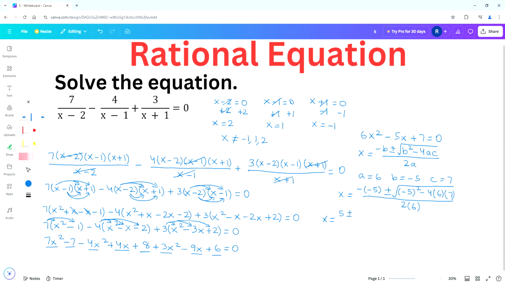Negative 5 squared is 25. Negative 4 times 6 times 7 is equal to negative 168. Twenty-five minus 168 is equal to negative 143.